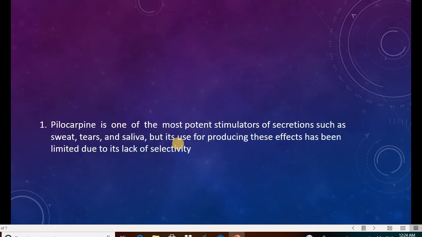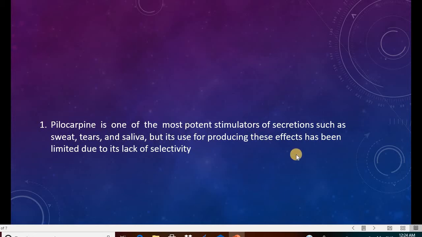Okay, the next one. Pilocarpine is one of the most potent stimulators of secretions such as sweat, tears, and saliva. This is an important point too, the tears. These actions are important to understand, so they can be used clinically to treat certain diseases.